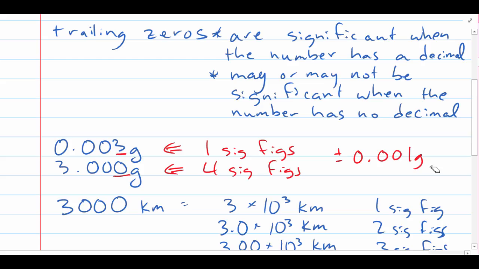Now, in one of these two cases, an uncertainty of plus or minus 0.001 grams is going to be a big deal. In the other measurement, it's not going to be a very big deal. So in which of these two measurements is that uncertainty a big deal? And why in the first one?